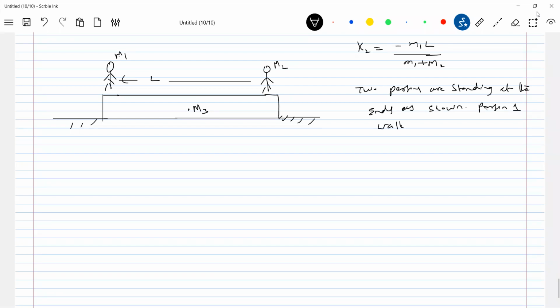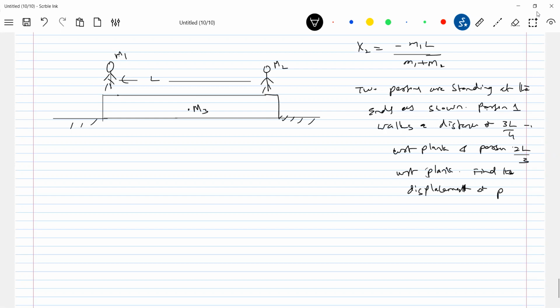Person 1 walks a distance of 3L by 4 with respect to the plank, and person 2 walks 2L by 3 with respect to the plank. Find the displacement of the plank. Plank is this one. How much with respect to the plank?